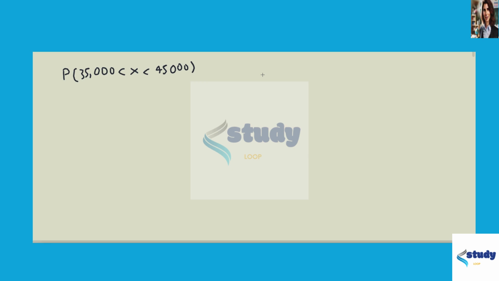We're given that the average annual salary, or mu, is equal to $47,750. This distribution is normal, which means we can use the formula Z is equal to X minus mu over sigma.